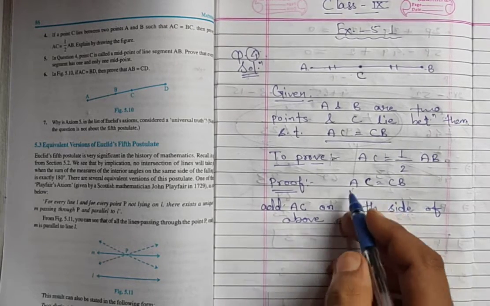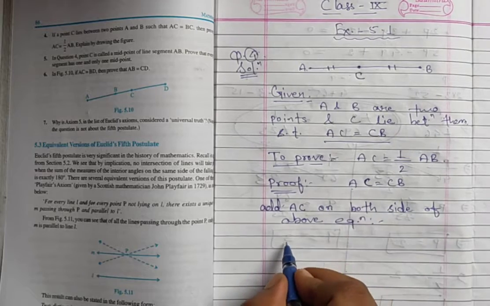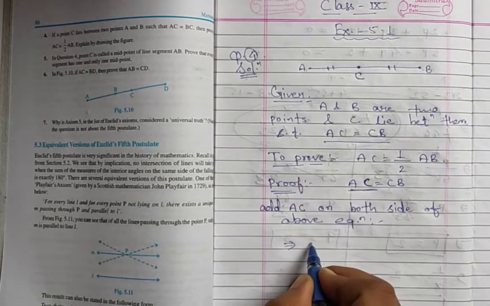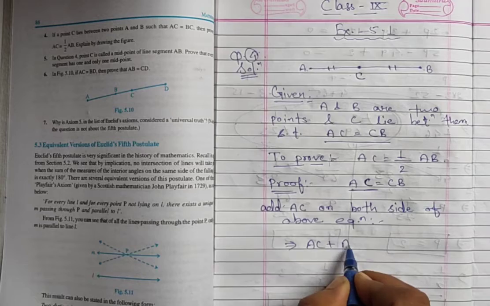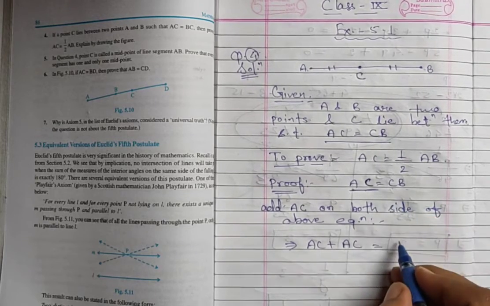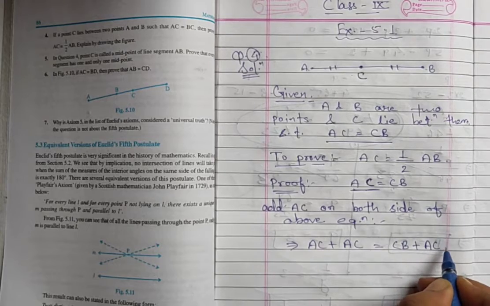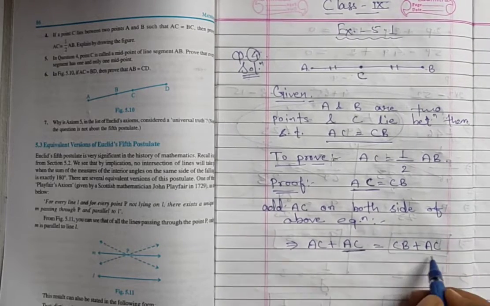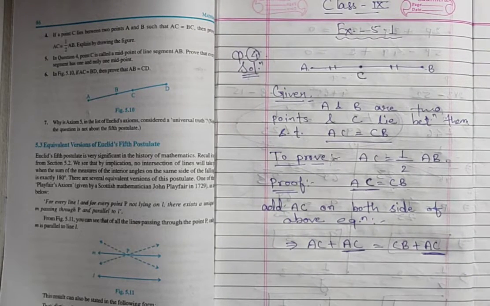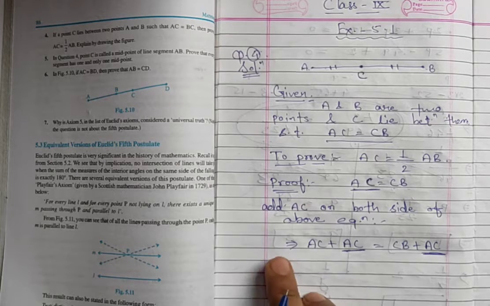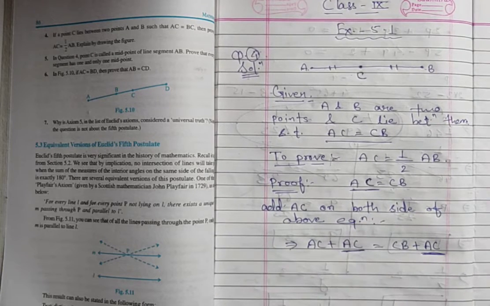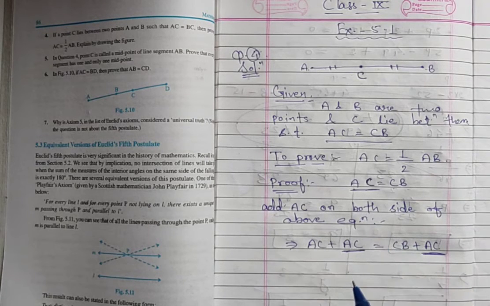So after adding AC on both sides, what will we get? AC is already there, then we add AC again, and CB is there, so CB plus AC. If we add the same thing to both sides, the equation does not change, because we know by Euclid's axioms that if equals are added to equals, the wholes are equal.